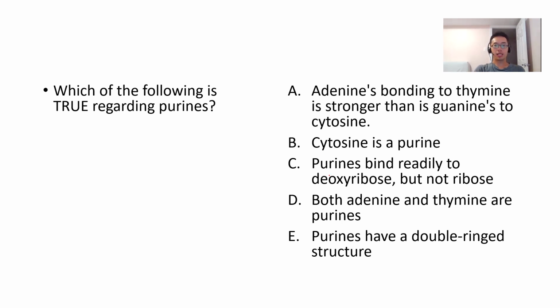The correct one is E. Okay, purines, they are the one that have 2 rings, double rings.